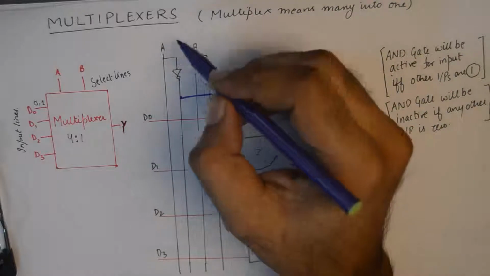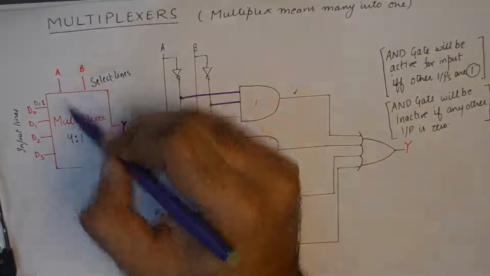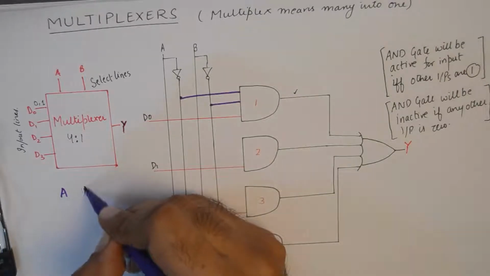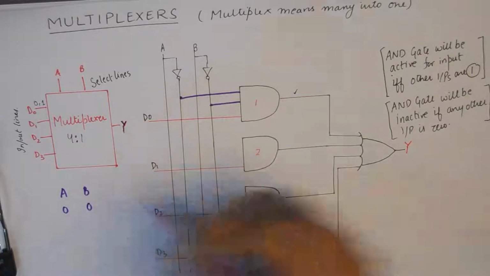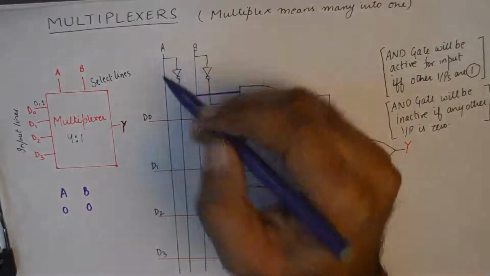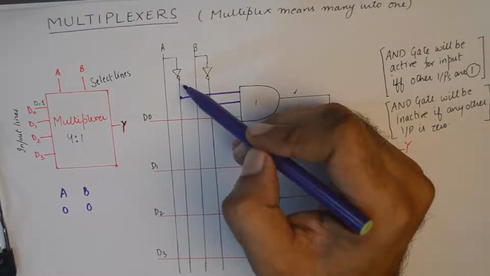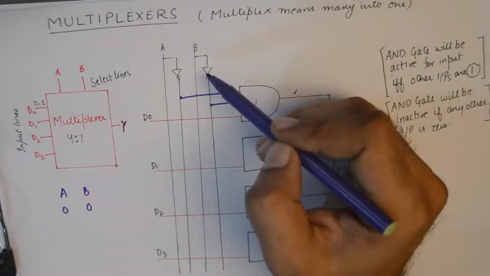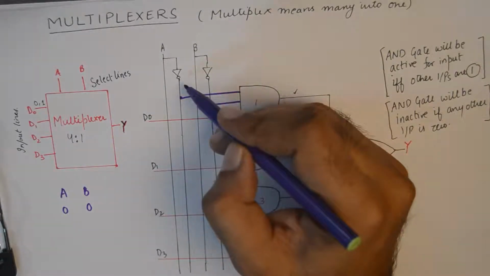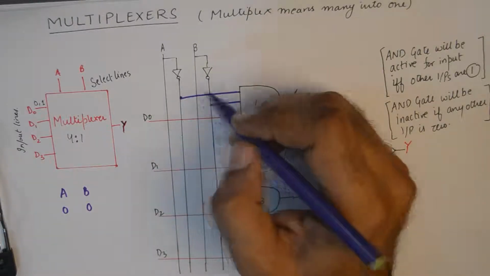Now what will happen is, whenever the select lines are at 0, 0, let's examine what will happen. At 0, 0, A will become 1 and B will also become 1 via these NOT gates.